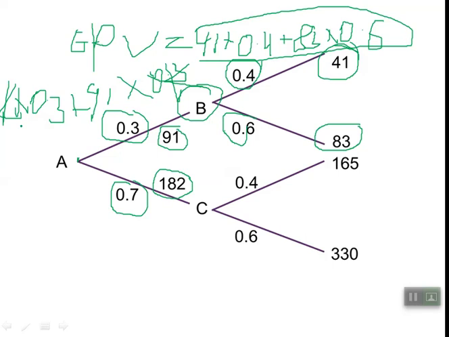So you are getting your total cash flows for this branch if its probability is 0.3.